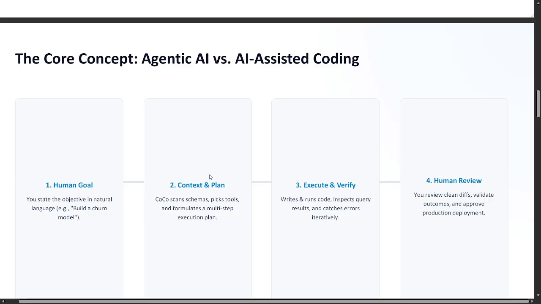You can cleanly review your code, validate the outcomes, and give your final approval to deploy to production as well. So you will remain in full control throughout its loop. No matter what this agent does, you as a human will be there throughout from start till end, right?